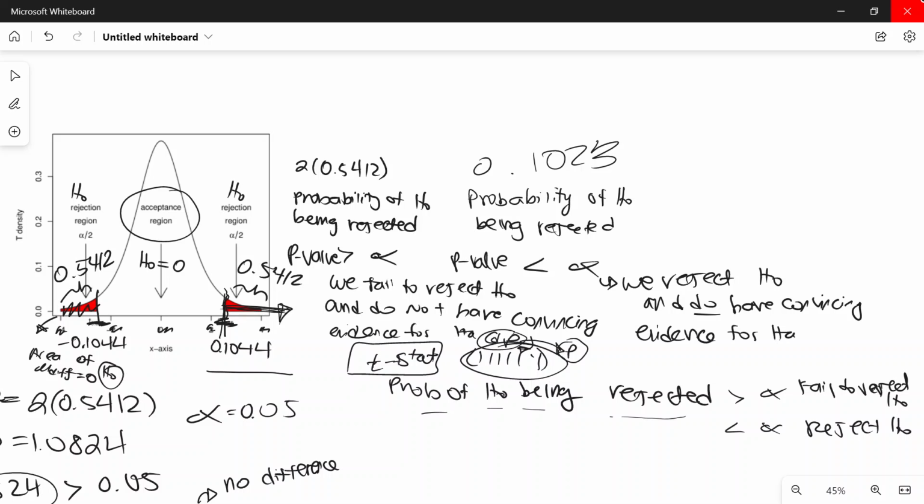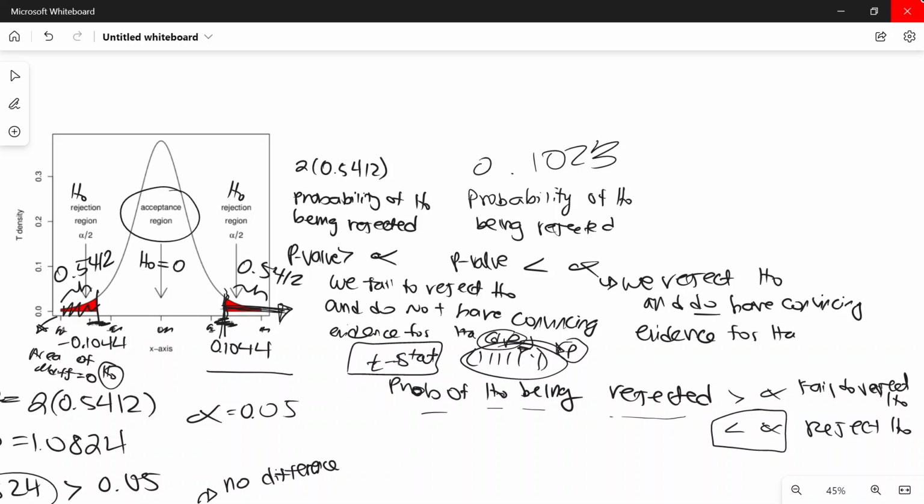Would the alpha value switch if we take the acceptance region, the probability of H0 being accepted? Because essentially we're always looking for the alternative hypothesis to be true. So we're trying to look for the probability of rejecting H0, and so we're trying to look for the fact that that probability is less than alpha, that it's statistically significant.